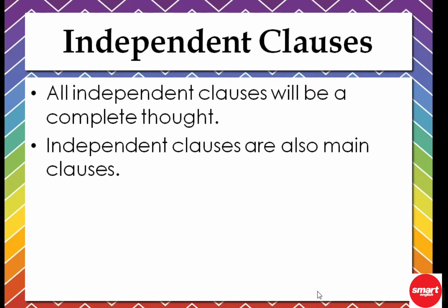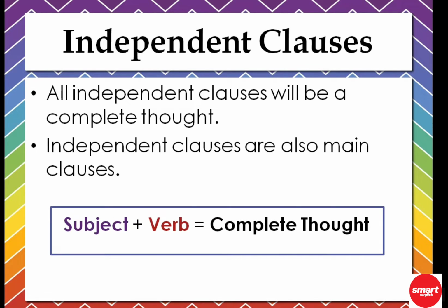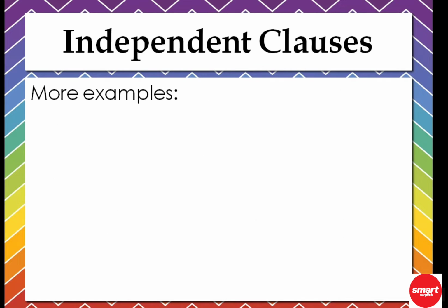Let's move on. All independent clauses will be a complete thought. As I told you, independent clauses are also main clauses. So a subject plus a verb gives you a complete thought. So we have a clause, an independent clause. For example, she was happy. Very simple examples just to let you learn about independent clauses easily.